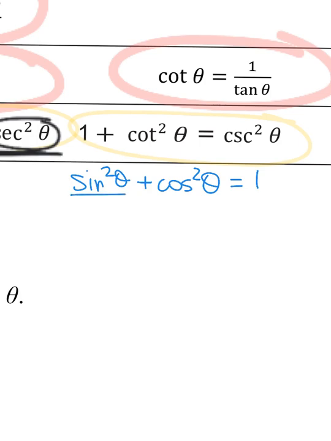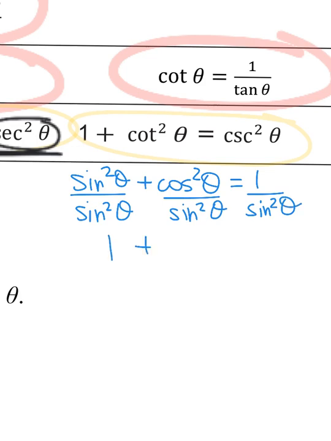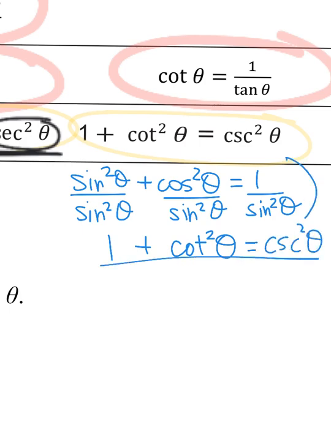And if I divide everything by sine square theta, that gets me 1. This is cotangent using that quotient identity, and this is cosecant. And that gives you this one right here. So you can feel free to memorize all 3, but just know that if you just know the first one, you can derive the other 2 pretty quickly.